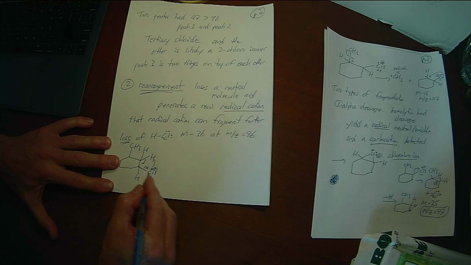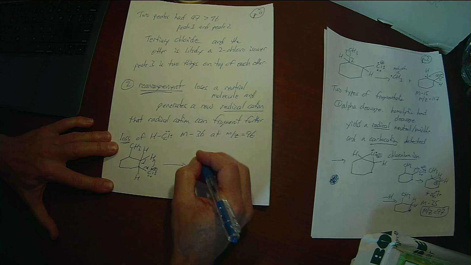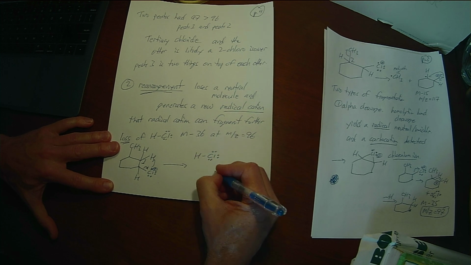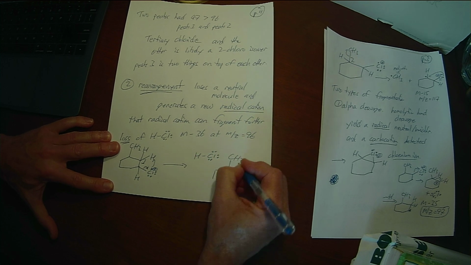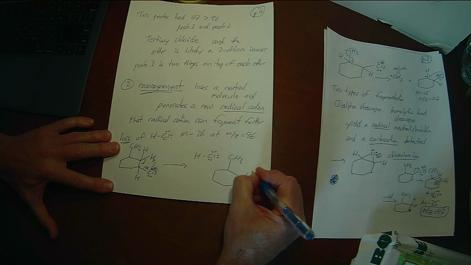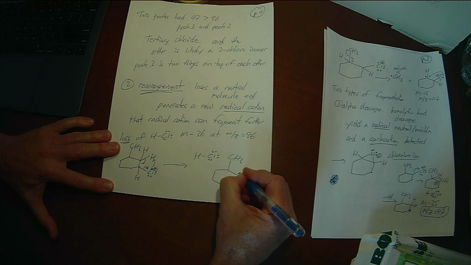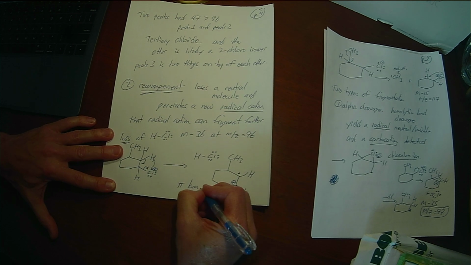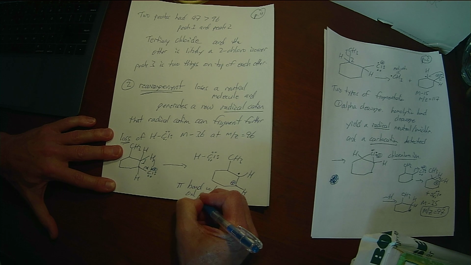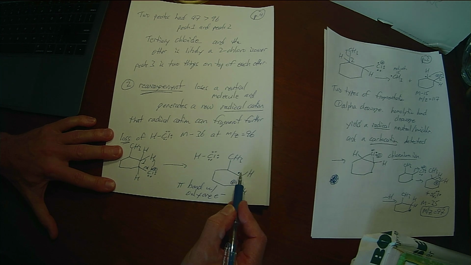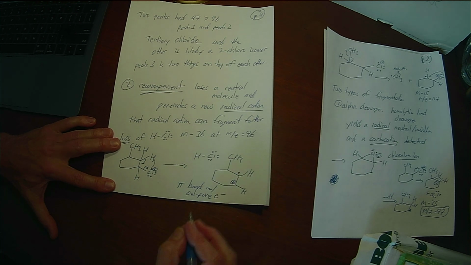These 2 electrons are going to go with the chlorine, so what you form is hydrogen chloride, and then you form a new radical cation, and that new radical cation looks like this. It's basically a pi bond with just 1 electron. And you could write it with the positive charge on this carbon and the radical on that one, or the other way around.